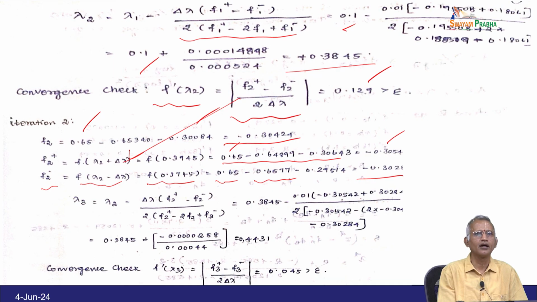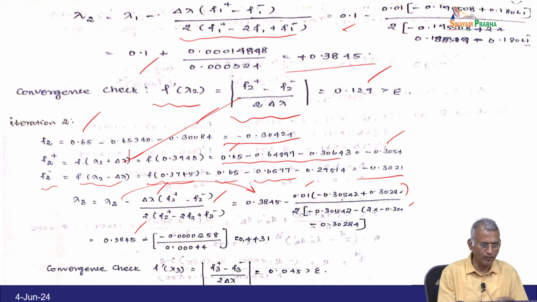Therefore, lambda 3 equal to lambda 2 minus delta lambda to f2 plus minus f2 minus by 2 into f2 plus minus 2 f2 plus f2 minus, so which is equal to 0.3845 minus 0.001 into minus 0.3054 plus 0.3028 divided by 2 times of minus 0.3054 minus 2 times of minus 0.304 minus f2 minus is minus 0.30284, and simply add.